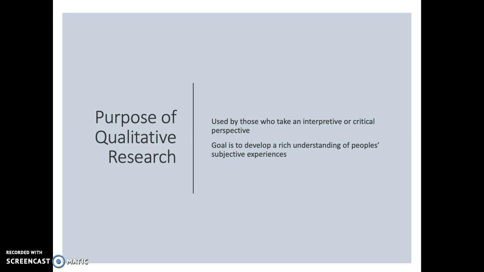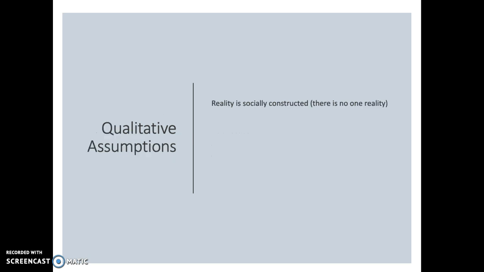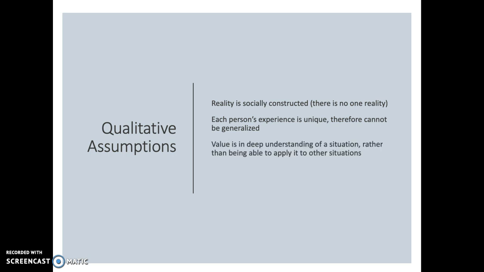So again, the goal is to have a rich understanding of people's subjective experience with qualitative research methods. People usually assume, when they're doing qualitative research, that reality is socially constructed. You have to go back to the context, to each individual, to understand the reality, because each person has a unique experience, and they are less concerned about the generalizability of individuals' experience.